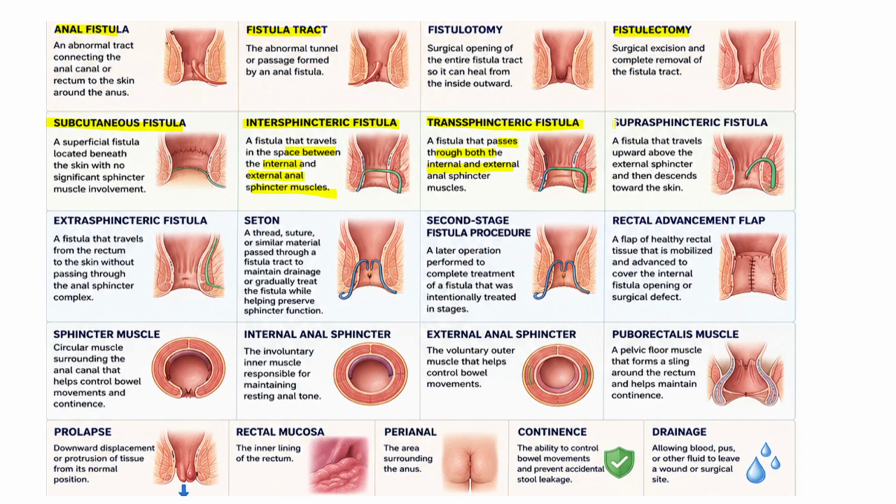Next we have the suprasphincteric fistula. This fistula will travel upward, above the external sphincter muscle, and then it will descend through toward the skin. Here you can see it will extend upward and descend towards the skin. That we call a suprasphincteric fistula.